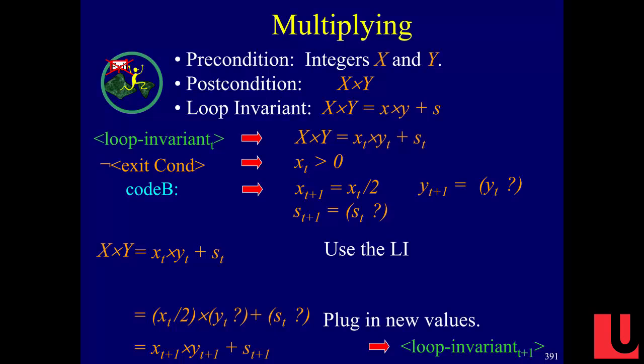So now we have to do the magic in here. We have to make this look like this. We can make this to be whatever we want, and we've got to make this equal this. Here, x is coming down by a factor of 2. So, everybody look at that. What do you want your y and your s to be?